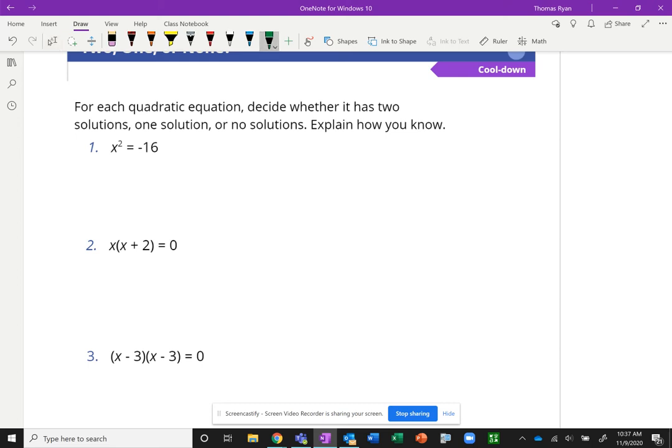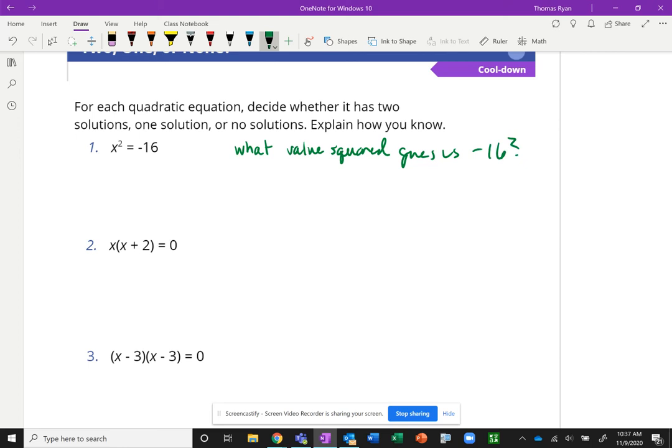Of course, I'm just going to go right into the solutions here. So, for example, for the first one, if we like to see things in terms of 0, that's fine. But we could just ask ourselves, what value squared gives us negative 16?